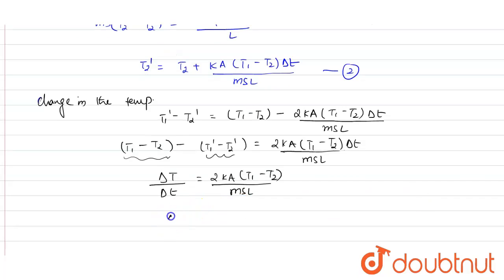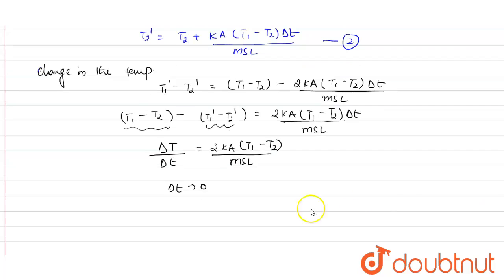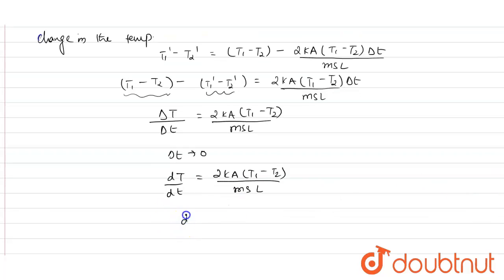Now let delta t go to 0. So we can write d(T1 minus T2) upon dt equals minus 2 K A (T1 minus T2) upon m s L. On rearranging, d(T1 minus T2) upon (T1 minus T2) equals minus 2 K A upon m s L into dt.